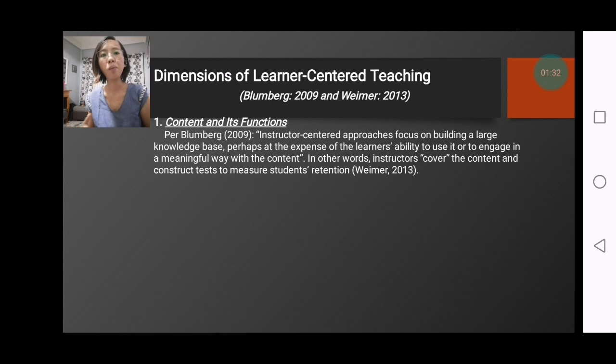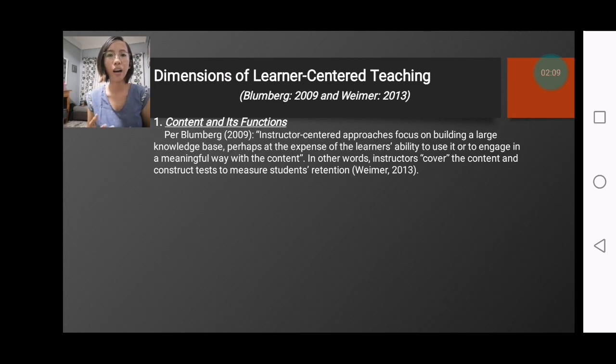So per Blumberg 2009, it puts it this way: instructor-centered approaches focus on building a large knowledge base, perhaps at the expense of the learner's ability to use it or to engage in a meaningful way with the content. In other words, instructors cover the content and construct tests to measure students' retention. That's according to Weimer 2013.